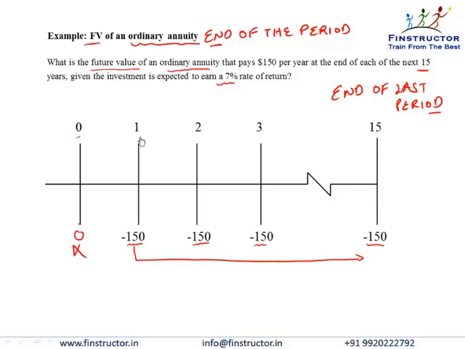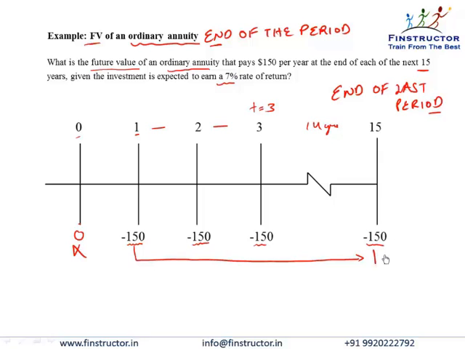It's coming at t equal to 1. So how many years does it have to be invested, or does it have to earn interest? 1, 2. So till t equal to 3, we have just 2 periods. Till t equal to 15, we will have just 14 years over which these cash flows are actually invested.